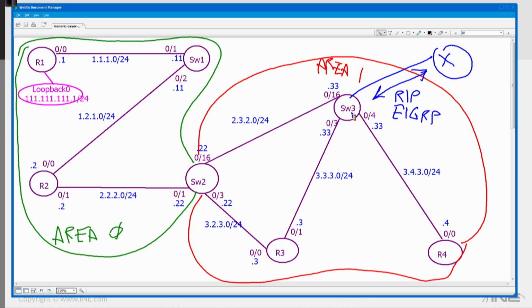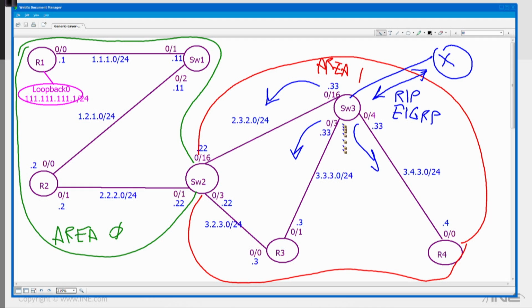And then switch 3 says, okay, I got to take these routes that I learned via RIP or via EIGRP, and I need to convert them into OSPF routes. We call that redistribution. I need to redistribute these RIP and EIGRP routes into OSPF so my OSPF neighbors will understand them. So he creates LSAs out of that.